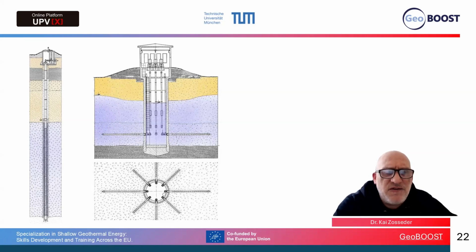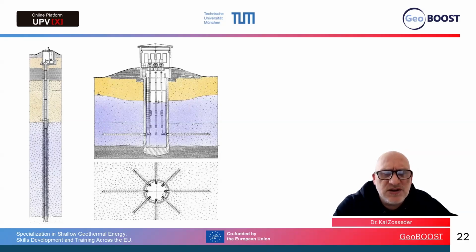Of course, if you maybe do not have enough water and enough aquifer thickness that you can pump out the water you need for your groundwater heat pump, then you can also develop a so-called horizontal well, which you see here on the right side.